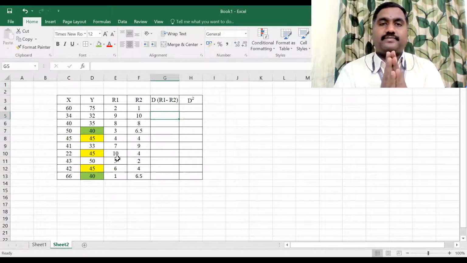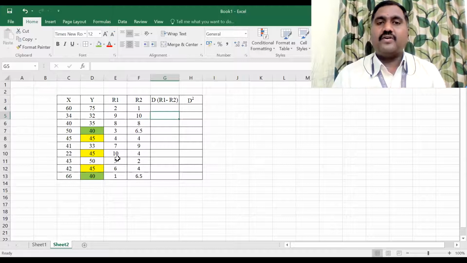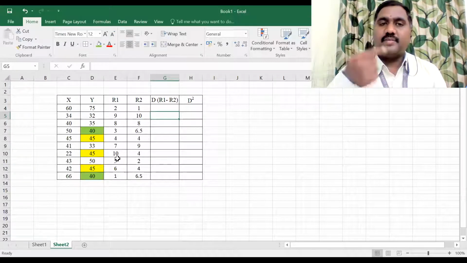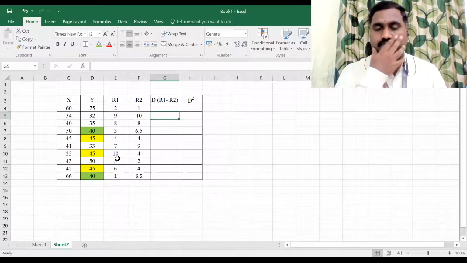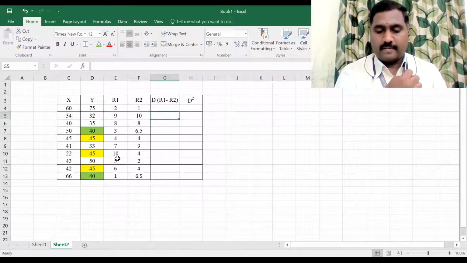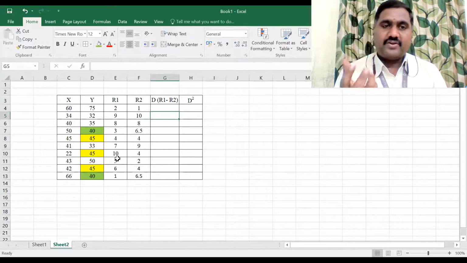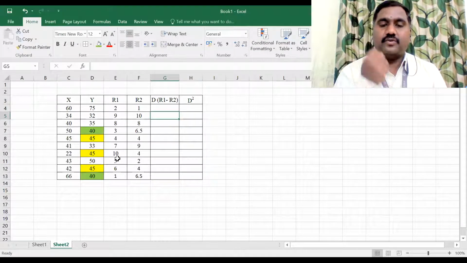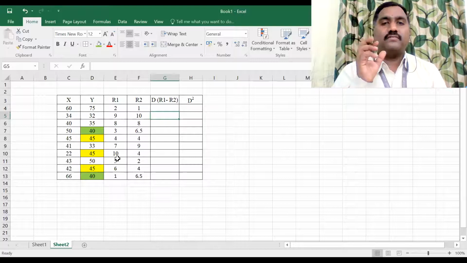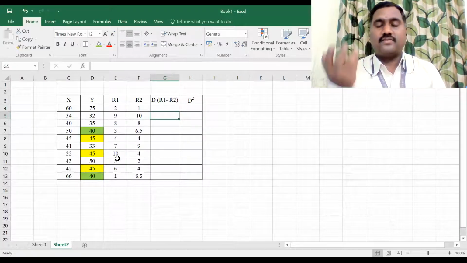Any doubts? If you have any doubts in calculating repeated ranks and repeated values, please let me know. Otherwise, we'll move on to the next column. Don't sit with confusion. Don't think that it is not useful at all.